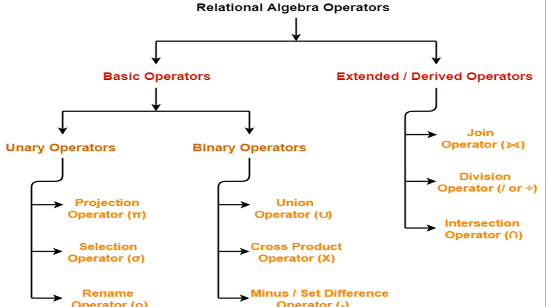These operations sometimes are categorized as basic operations or extended or derived operators. In basic operations, again we have unary and binary operators. Unary operators are project, select, and rename. They are called unary because they are applied on a single relation. Binary operators are applied on two relations: union of two relations, cross product of two relations, and set difference between two relations.